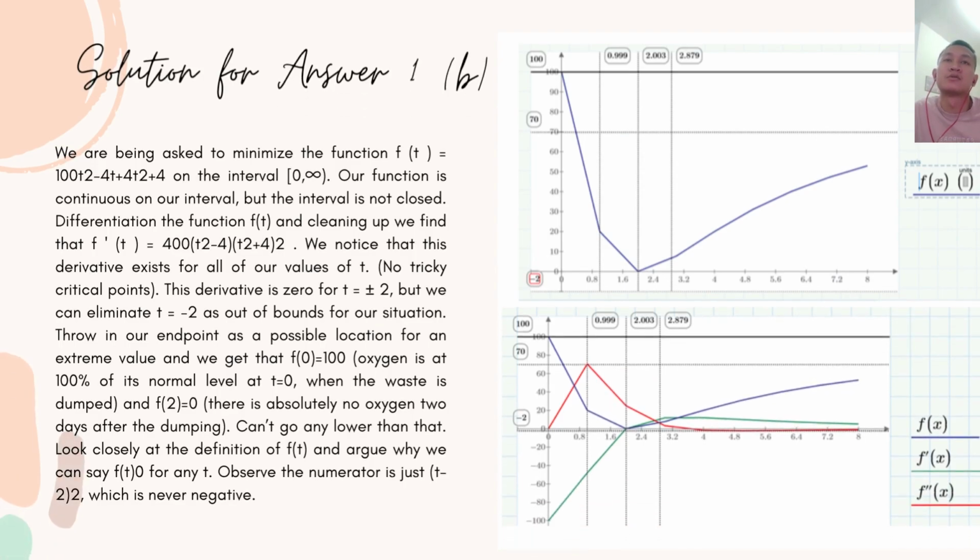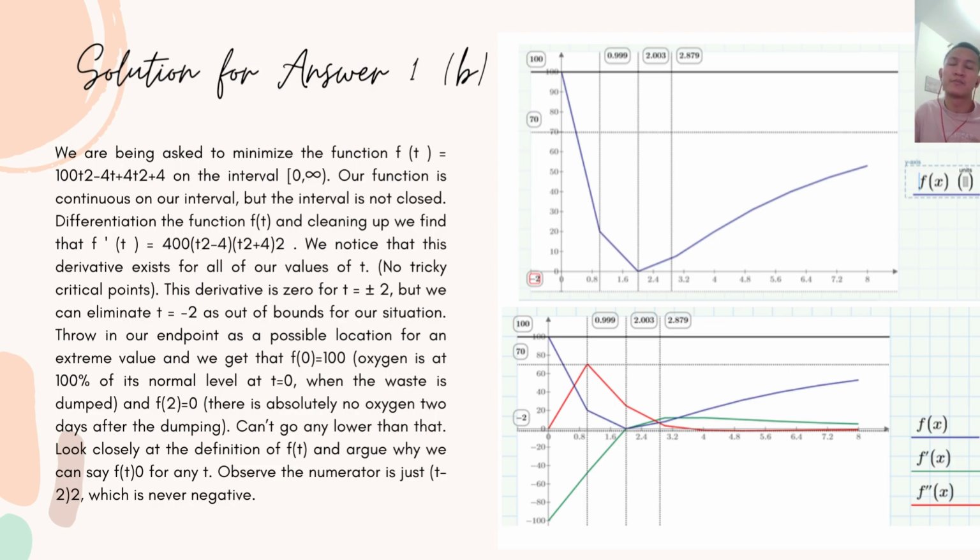This is the solution for 1B, the oxygen level at its lowest. When given the function, our range of days is between 0 and infinity, which is on the right hand side of the Cartesian plane, that is the positive, so we will be focusing on the positive values of t.